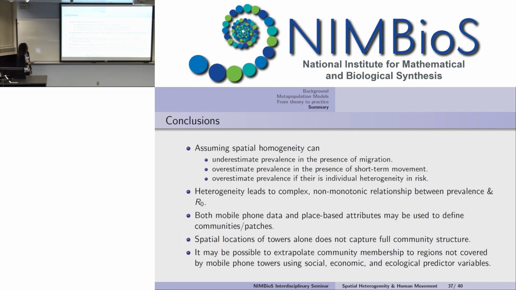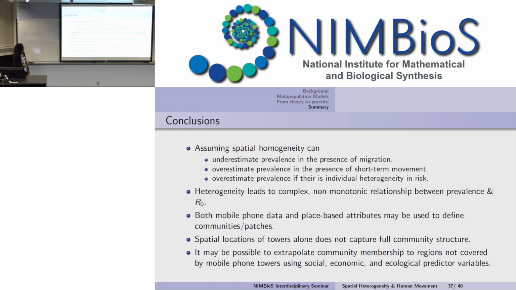So to summarize, first going back to the results from the more theoretical models, we demonstrated that assuming spatial homogeneity can underestimate prevalence in the case where you have migration connecting these different regions. It can overestimate prevalence when you have short-term movement, and it can overestimate prevalence if there is individual heterogeneity in risk.